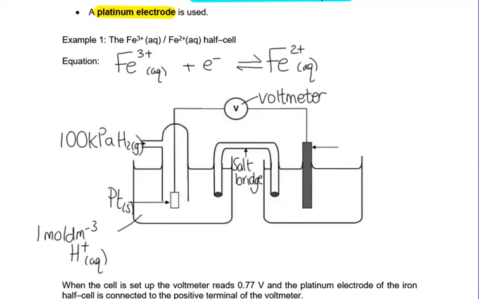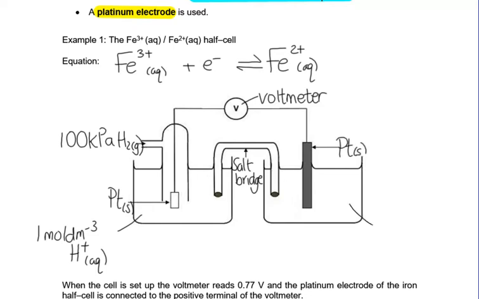Okay, so the left-hand side is our standard hydrogen half cell, so it's the same labelling we've been doing up until this point. And remember that if we're measuring standard electrode potential, then we will always have hydrogen on the left. And then on our right-hand side, we've got to put our iron 2, iron 3 half cell. Now, because neither of those things is made of metal, our electrode is going to be made of platinum.